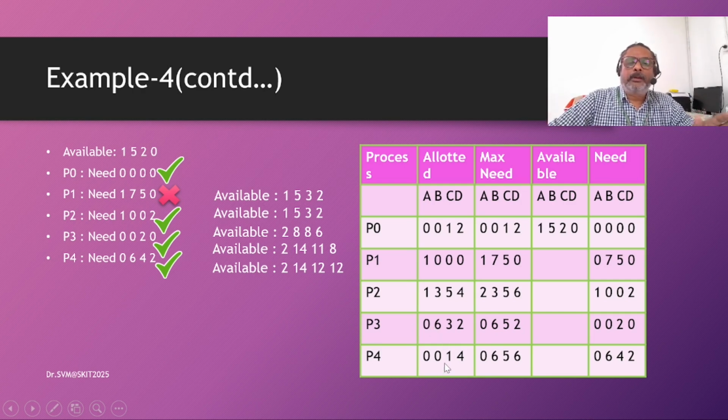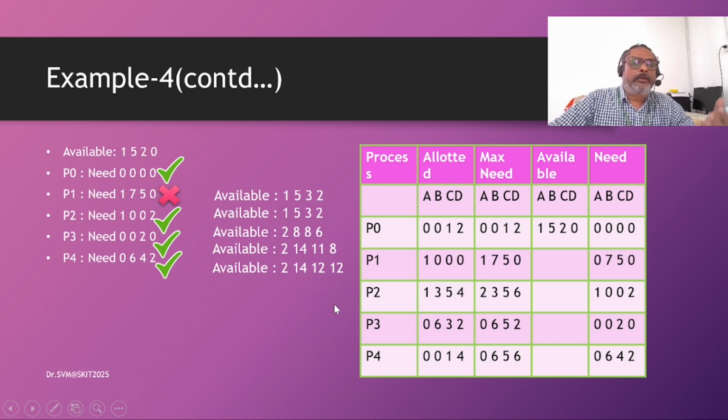What was it holding? 1 instance of C and 4 instances of D. So once that is released, we have 1 more instance of C, that makes 12, and 4 more instances of D, that makes 12. So now we have all the resources available for us.